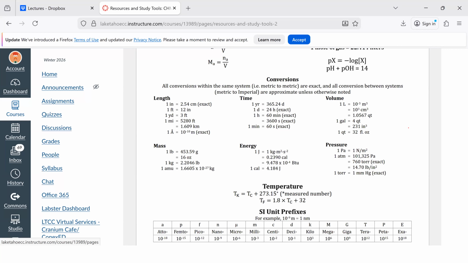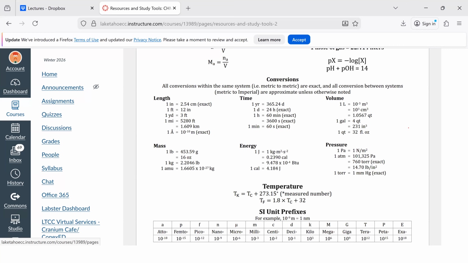And since it's not clear, since we use the same units for time, I just specified that all of the time ones were exact other than 1 year to days. Right, so within the same system, they're exact. Going between systems, approximate, unless you're going centimeters to inches.